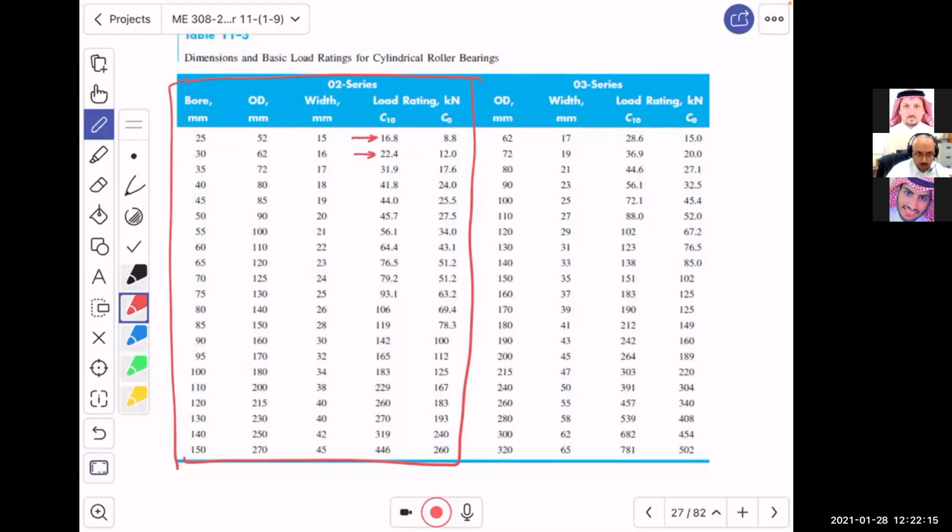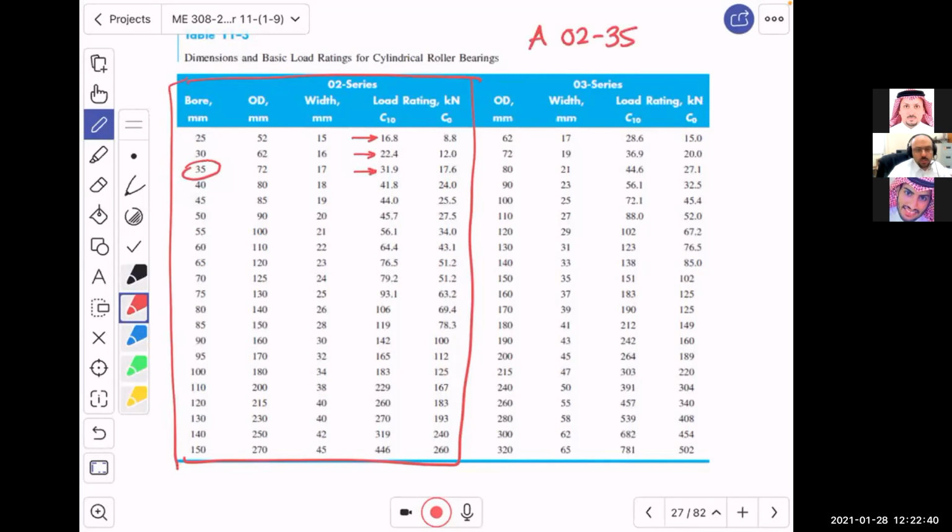In the solution, this value was picked. Let me bring it up exactly like what is written. It says a 02-35 bearing will do.